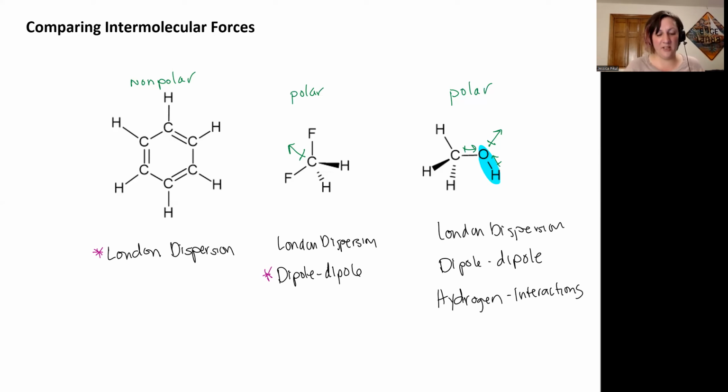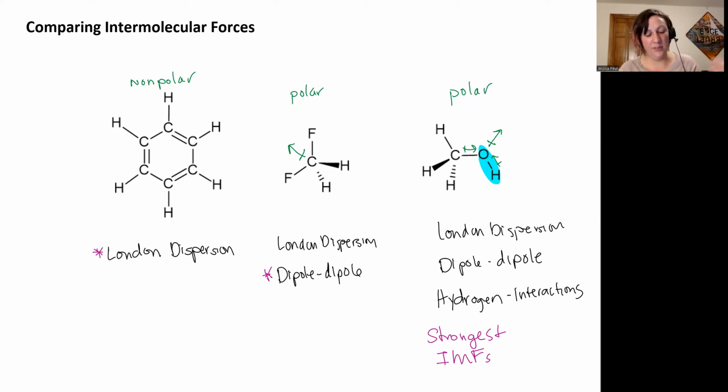Okay, so comparing these three, I would say, because these are additive, our London dispersion forces are the weakest and our hydrogen bonding interactions are the strongest. I would say that our strongest intermolecular forces come from the methanol. And our weakest ones come from the one that has just London dispersion forces.